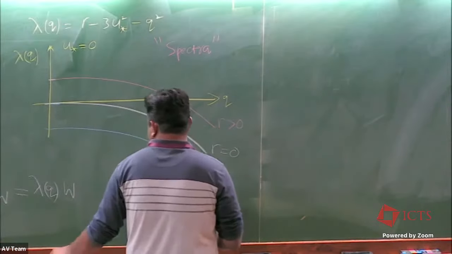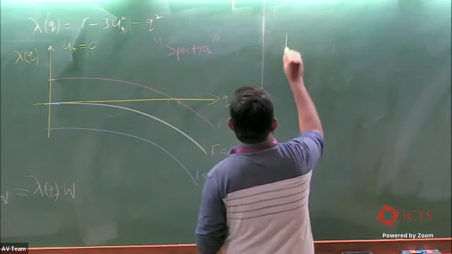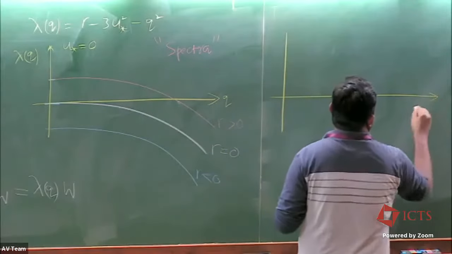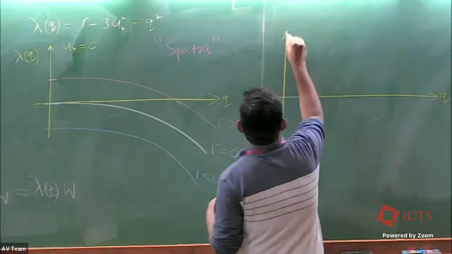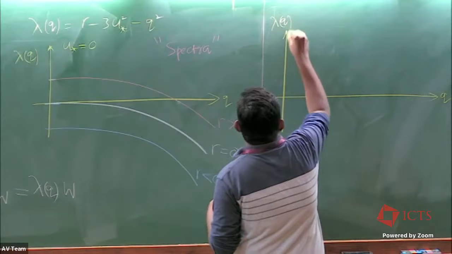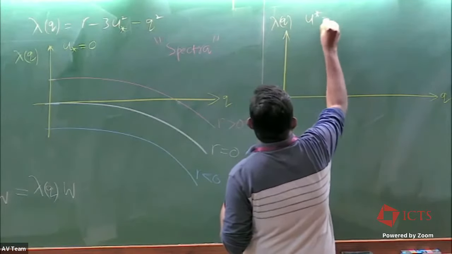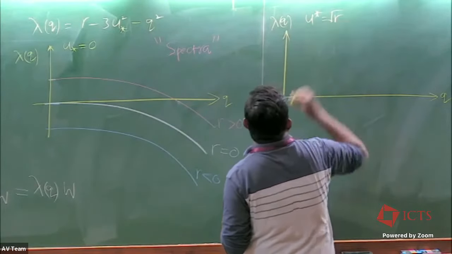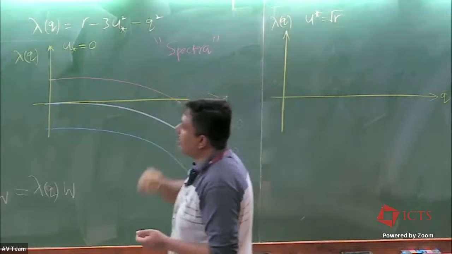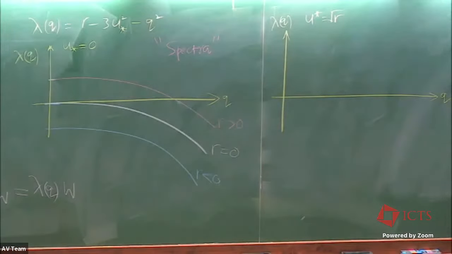I want to look at the similar spectrum for the other fixed points. U star equal to, let's say, root R, and work that out and tell me if there is something non-trivial that happens.